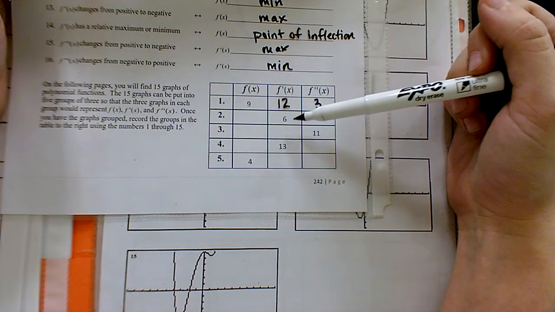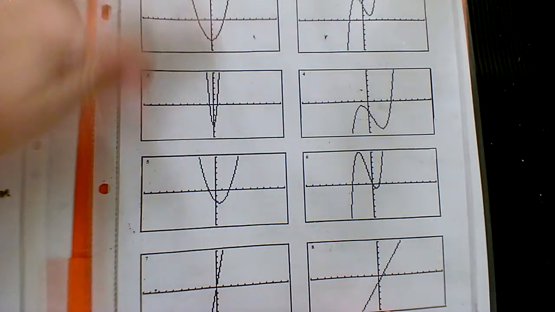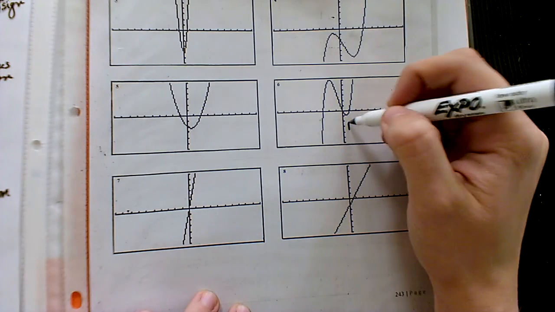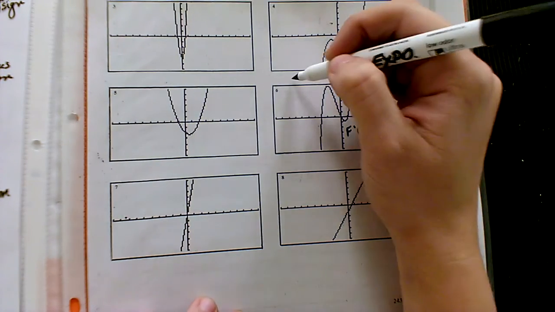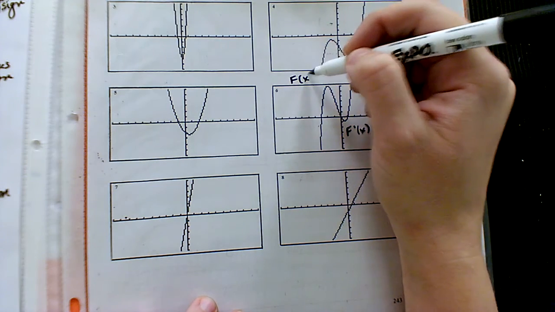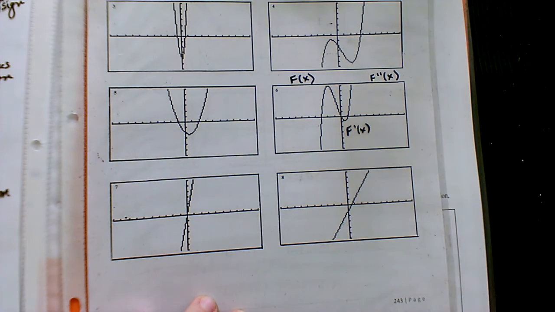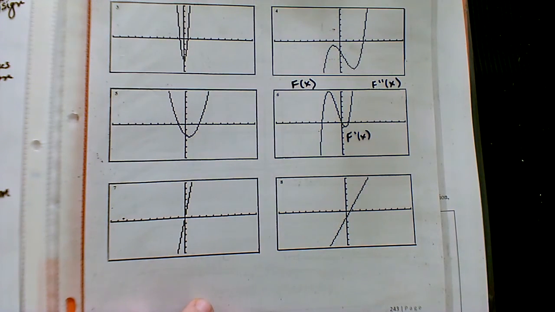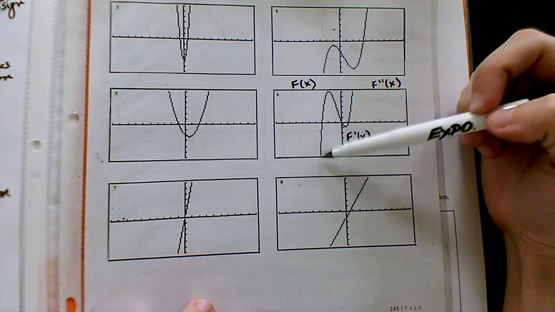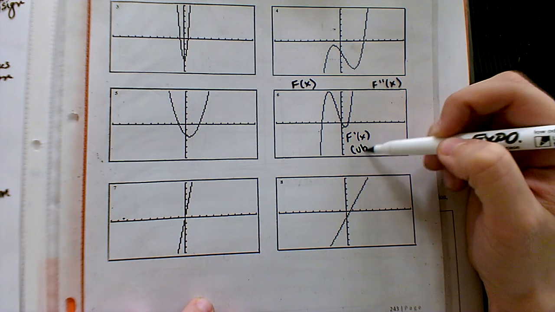So the next one, they're telling us 6 is the first derivative. All right, so we'll label this one f prime. Let's see what we can figure out about f of x and f prime of x. Let's see, this graph is cubic.